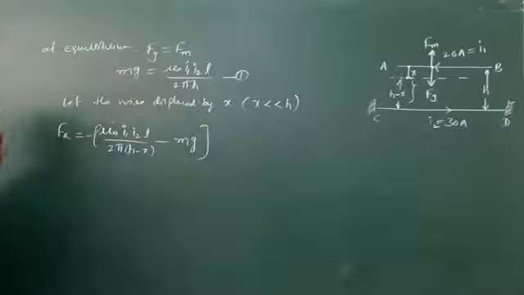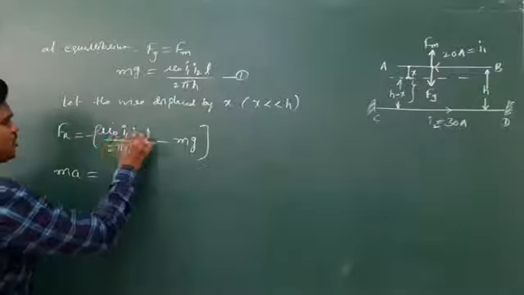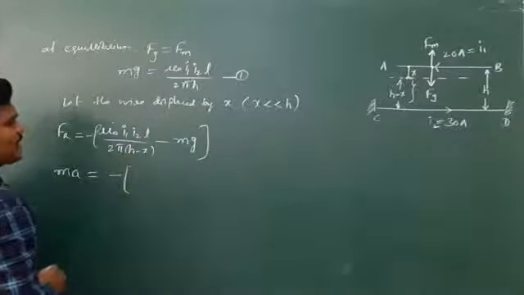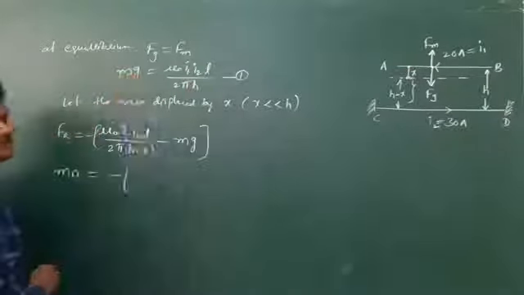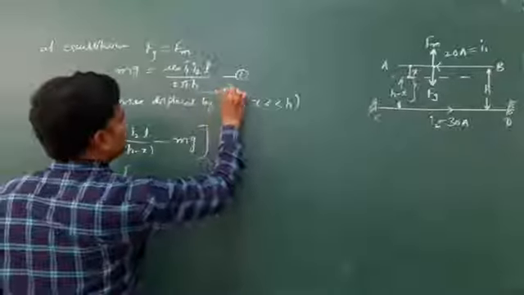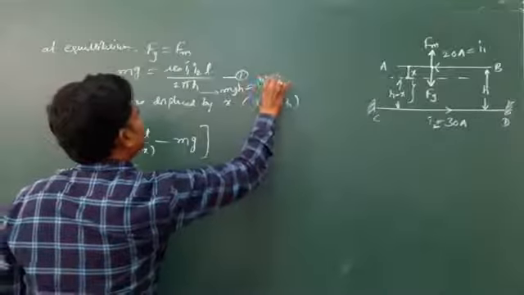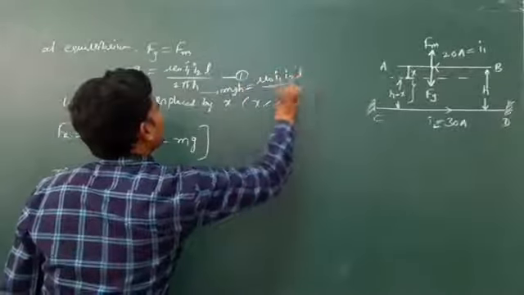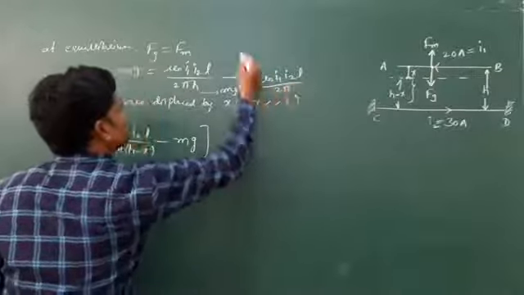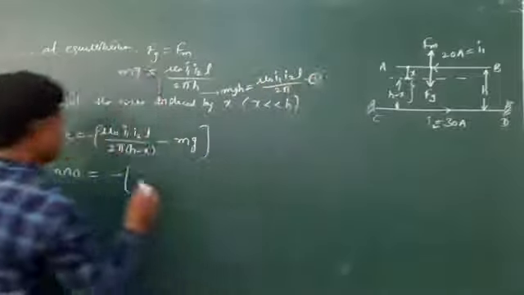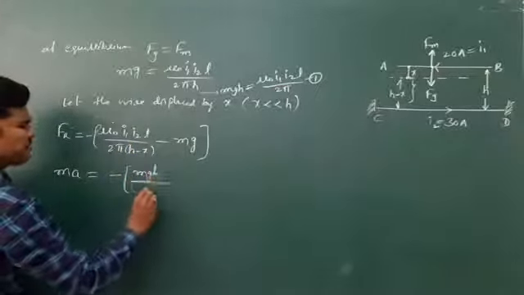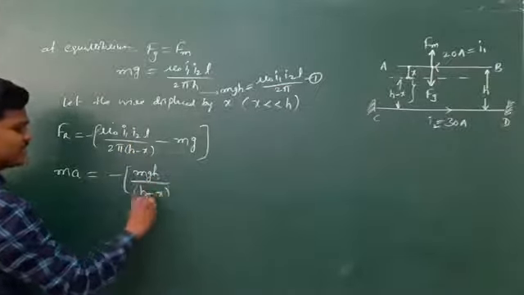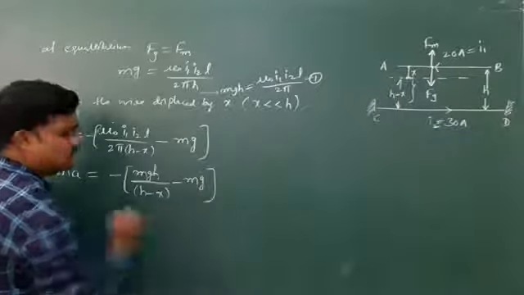This is the restoring force, and this is ma. Mu naught I1 I2 L by 2 pi we can write as mgh. So from equation 1, mu naught I1 I2 L by 2 pi is mgh by h minus x, minus mg.